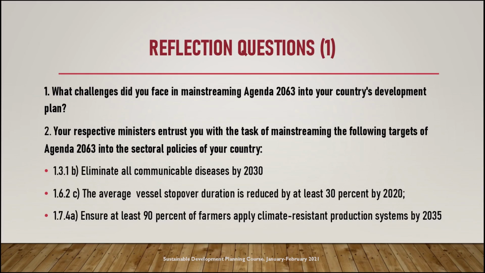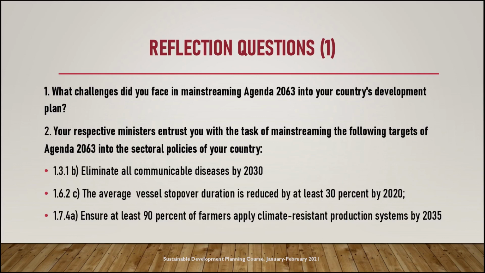And to nurture the reflection and the discussion on the platform, we are suggesting two questions. What challenge did you face in mainstreaming Agenda 2063 in your country's development plan? And second, your respective ministers entrust you with the task of mainstreaming the following targets of Agenda 2063 into the sectoral policies of your country.